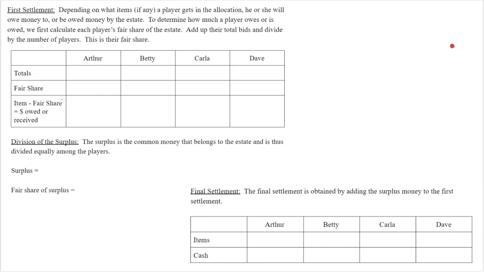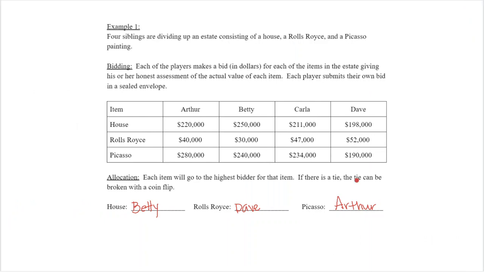To do that, we need to add up their total bids and then divide by the total number of players, which is 4, to determine each player's fair share. So if we go back, we want to see in total how much Arthur thought all of this stuff was worth. So 220,000 plus 40,000 plus 280,000 is going to be 540,000.